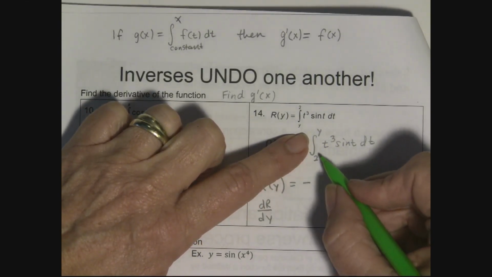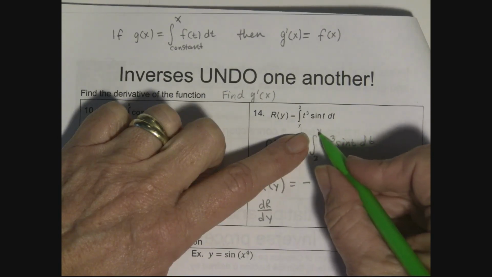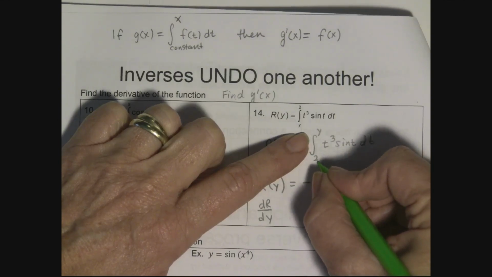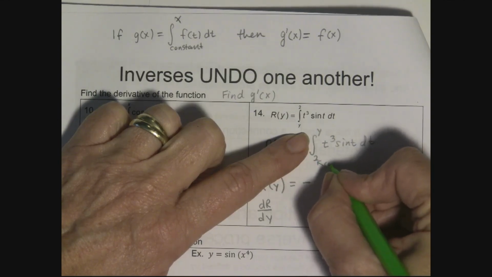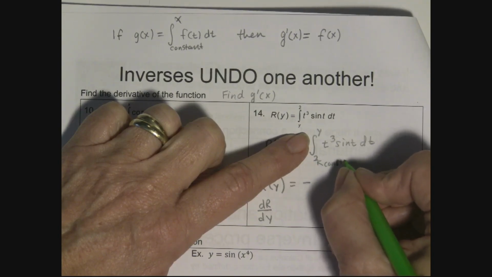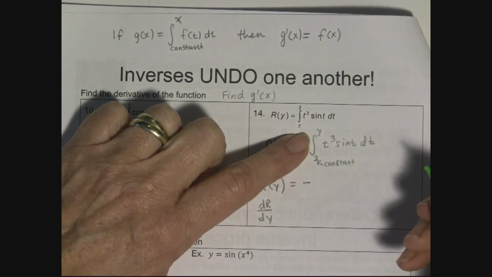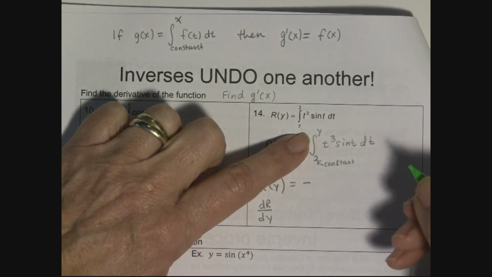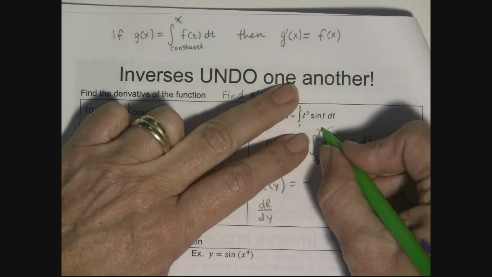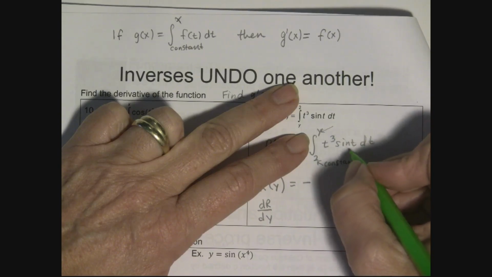It said that if you're trying to take the derivative of something like this, it's an integral, then you have to make sure that this down here is a constant, and it is. And they had said 0, but it's not just 0. It could be any constant. And so I have a constant down there. And then whatever you have up here, all you do with what you have up here is you plug it in for t.